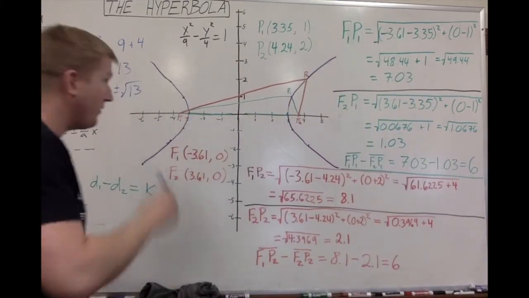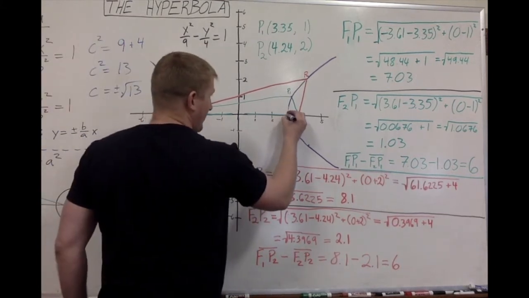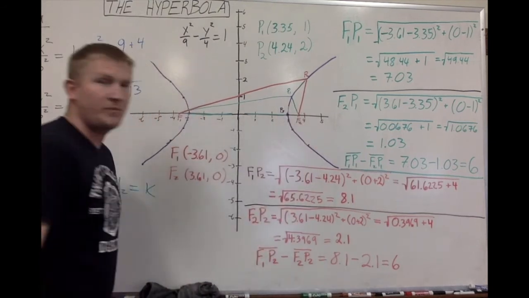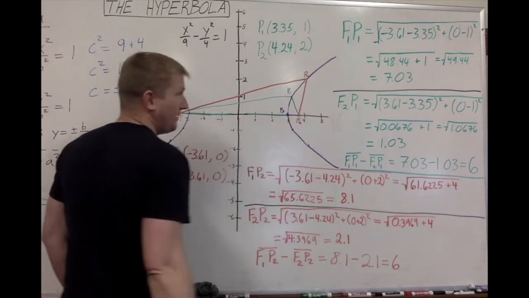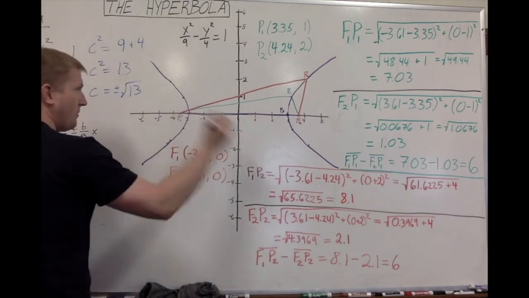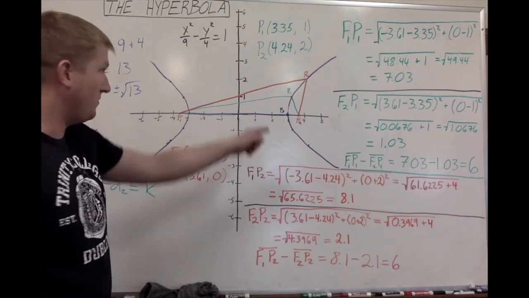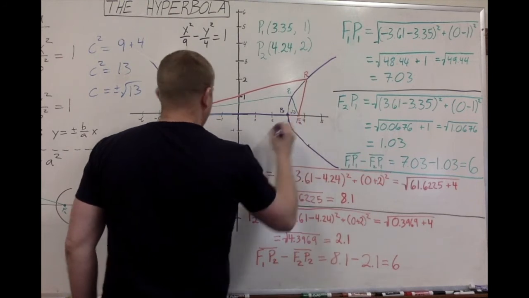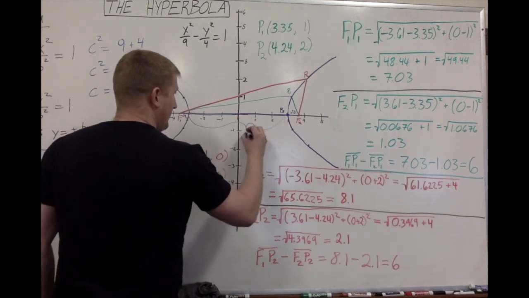So this property holds if we were to pick the distance from here. Say we make this our P3. The distance from P3 to F2 is just going to be that line, and the distance from P3 to the other focus is going to be that purple line. Well, what is the difference of those two lines? This is square root of 13, and so is this. And then this whole thing is 6.